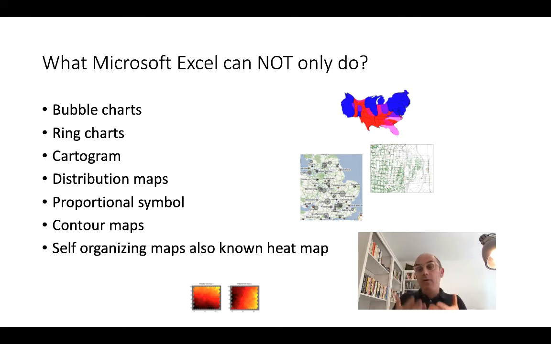The short answer is that Microsoft Excel does not allow us to make bubble charts, ring charts, distribution maps, contour maps, and self-organizing maps, known as heat maps.